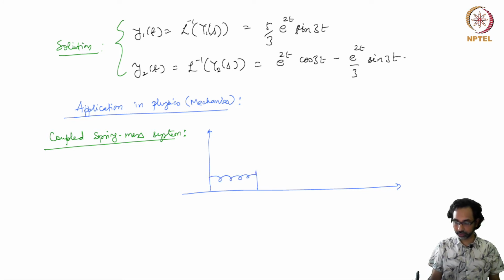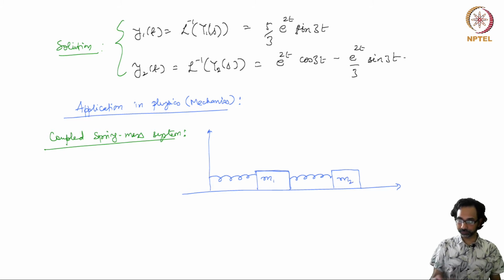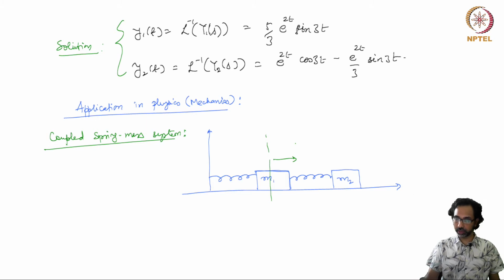So you have one body, let me call it with mass m1, and then there is another spring connected with another body with mass m2, and so we can again have a displacement and try to compute the forces according to Hooke's law.